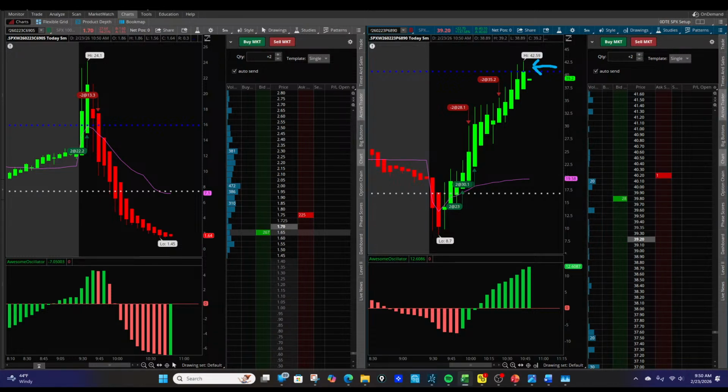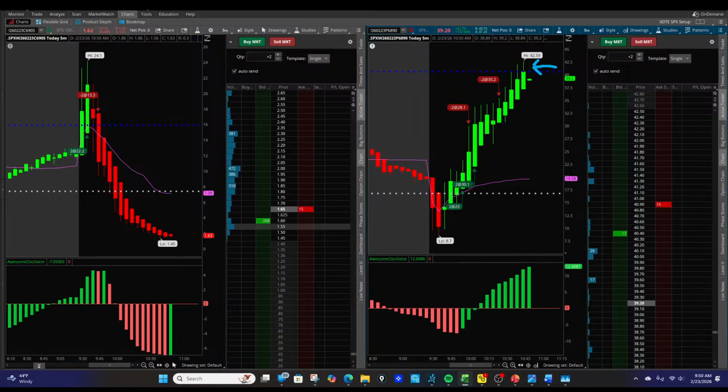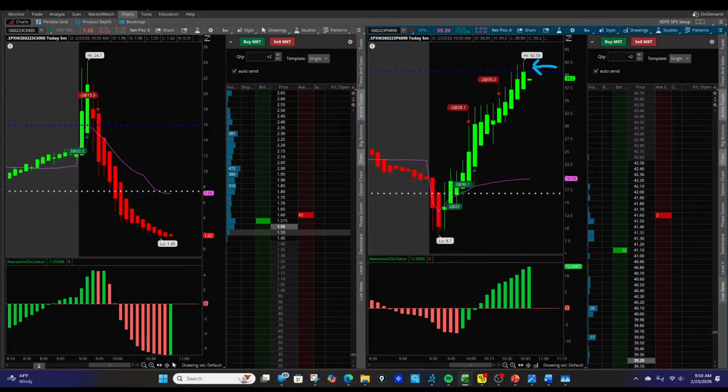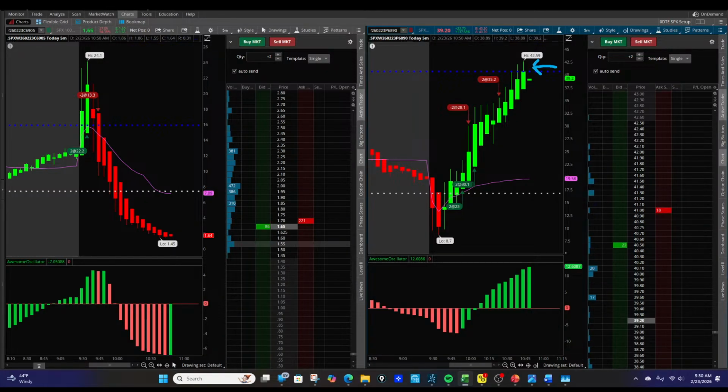So here we have this tiny candle. When I see a candle that's really compressed like that, there's not much volume happening.